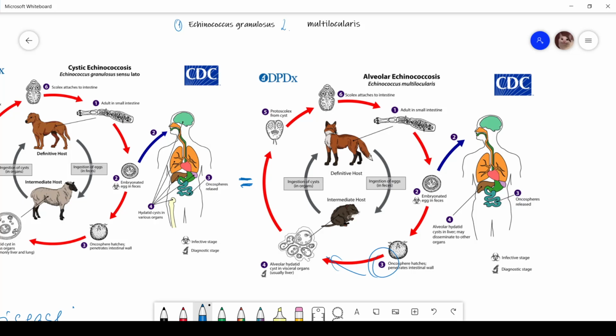But inside the intermediate host, we have differences in the location of these cysts and in the structure of these cysts. Humans are aberrant intermediate hosts too, like in the life cycle of Echinococcus granulosus.